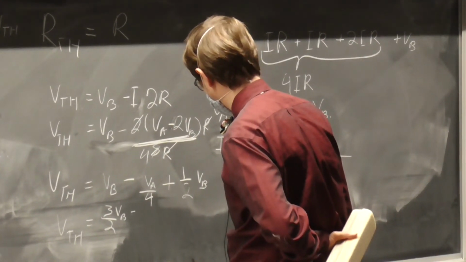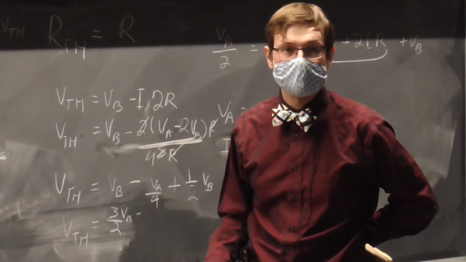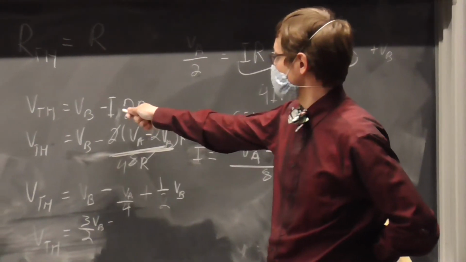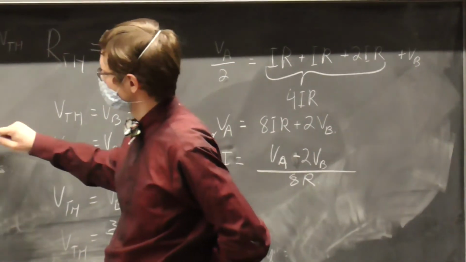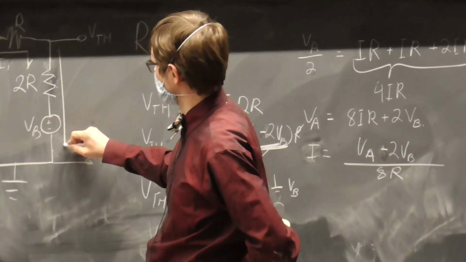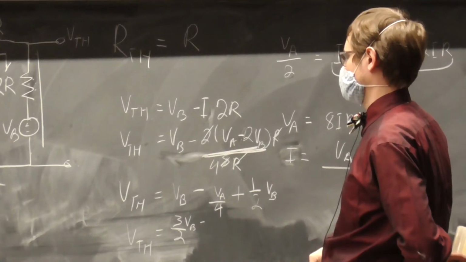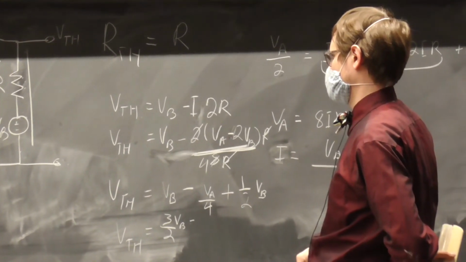What direction are you going for when you're making the equation for the Thevenin voltage? This one? Yeah, how are you going through the circuit? Just through here. So wouldn't it be minus VB in the original equation, because you're going from positive to negative?